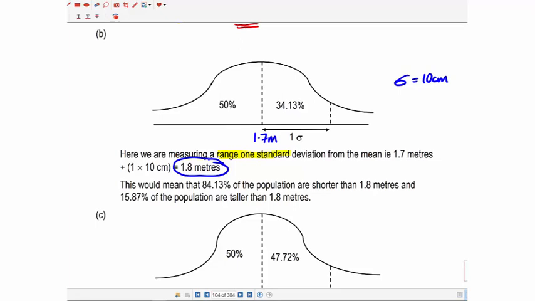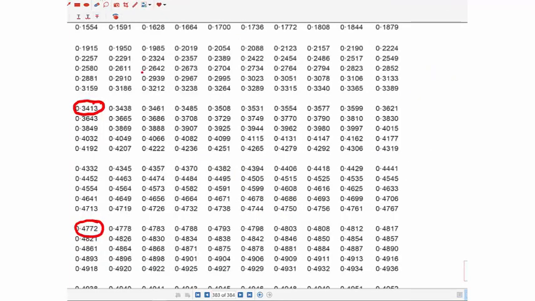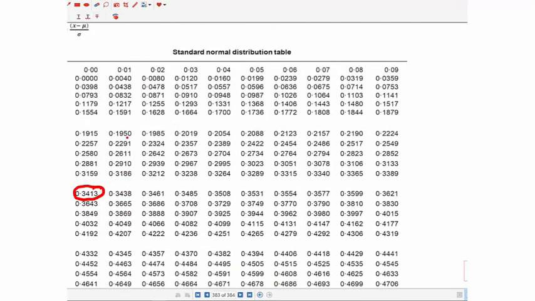Remember, from our normal distribution tables, we can get a measure of the standard deviation. And the standard deviation that we want to assess here is 1 standard deviation. So let's go on to our normal distribution tables together. Remember, you get these in the exam. If we look at 1 standard deviation, we can see a figure here of 0.3413.